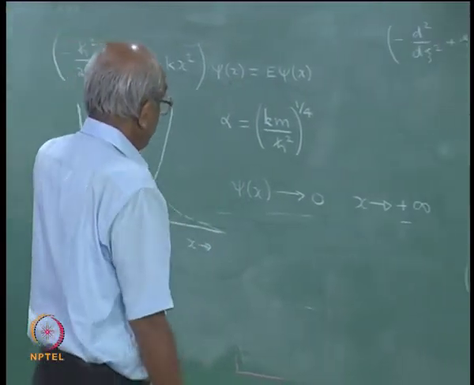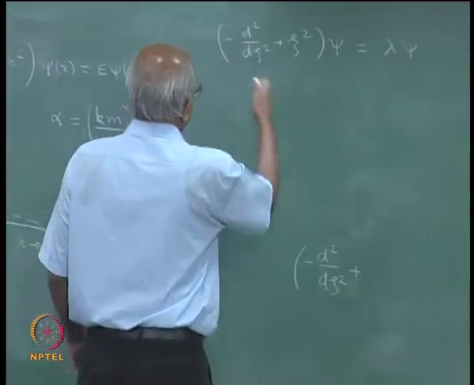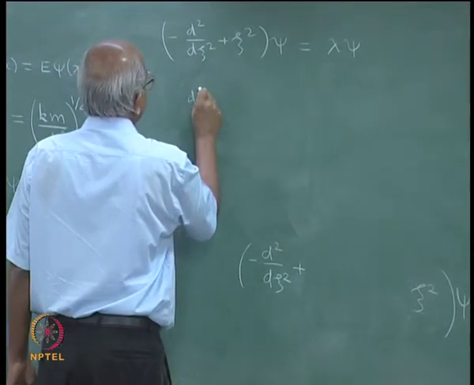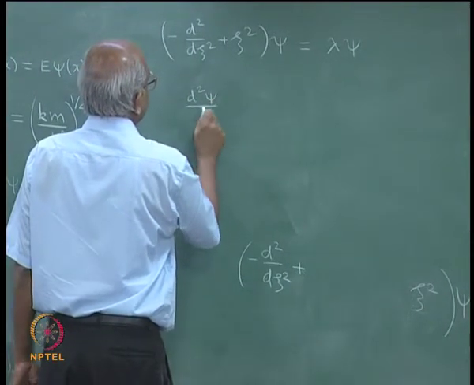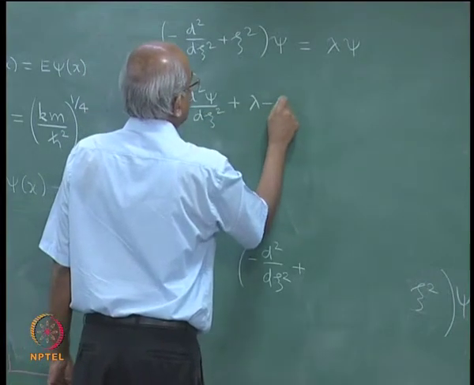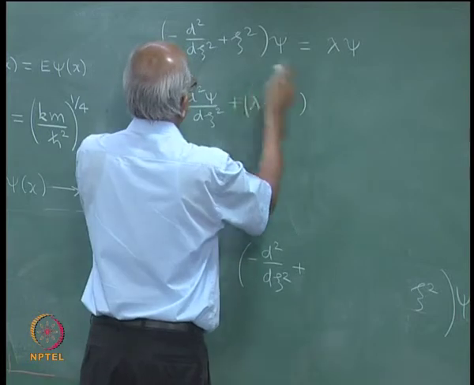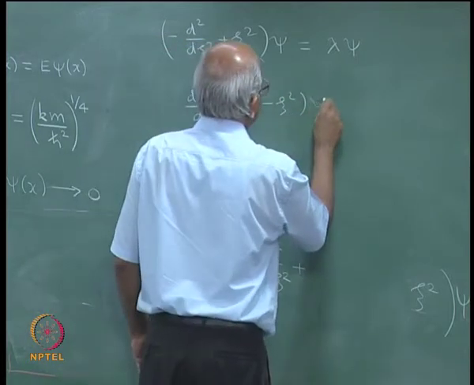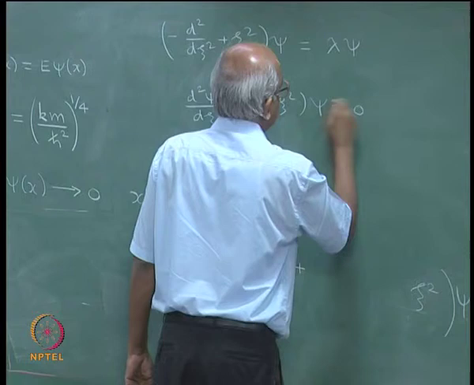So, I would now like to try and solve this equation. So, let me rearrange this equation. How can I write this? It may be written as d square psi by dx square plus lambda minus c square. Think about it for a second, you would realize that this is the way you can rearrange this equation.